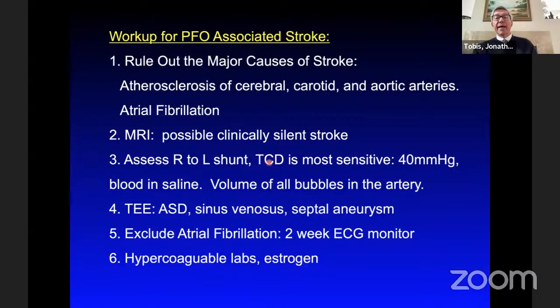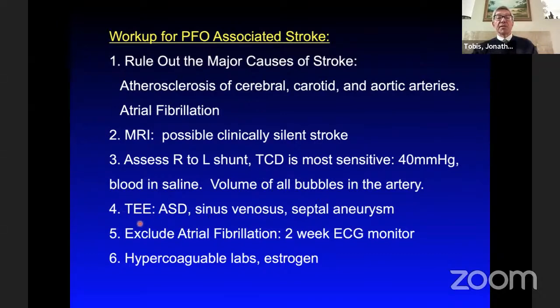TCD is also more accurate than echo because what you're imaging through the temporal bones is the middle cerebral arteries. You're getting the entire volume of the artery, whereas an echo is just a tomographic cut of the left atrium, and you may not see the bubbles that are going across.